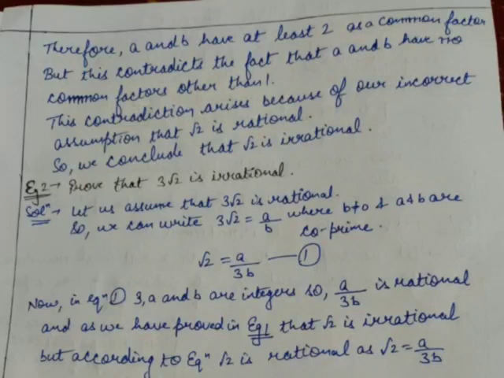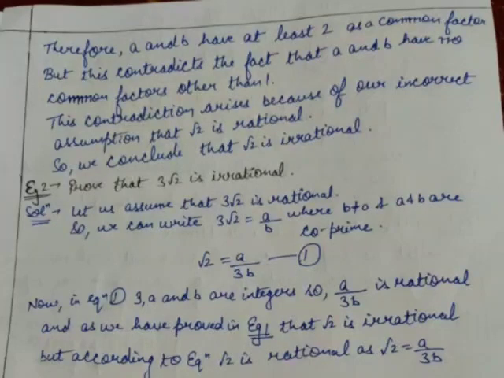Now come to the next example, that is prove that 3 root 2 is irrational. Let us again assume that 3 root 2 is rational. So we can write 3 root 2 as a by b, where a and b are co-prime and b is not equal to 0. Now this equation can be written as root 2 is equal to a upon 3b, and name this equation as number 1.